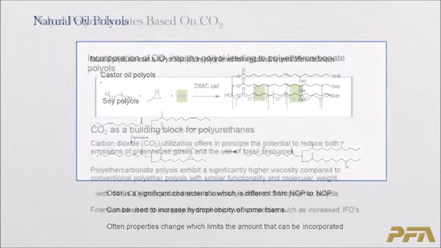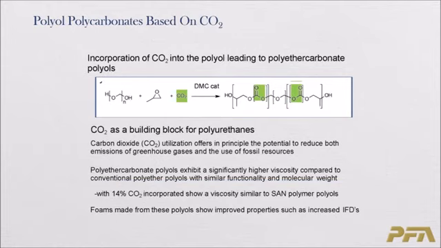Another class of natural polyols is polyols that are made with the incorporation of carbon dioxide into the backbone. These are called polycarbonate polyols. You might hear them referred to as POCO2 polyols. So that double metal cyanide allows the carbon dioxide to react into the polymer chain.